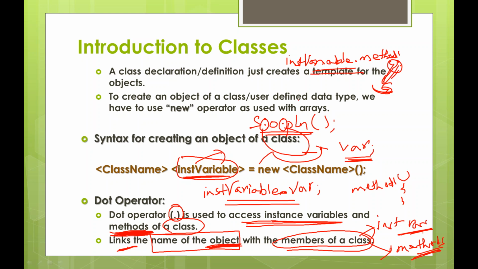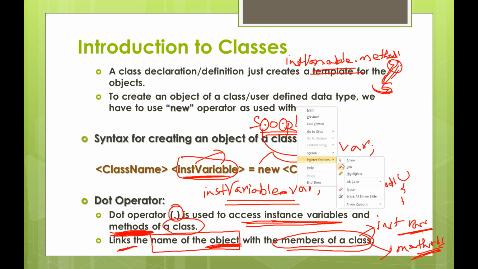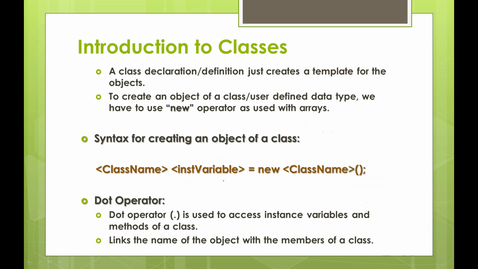So what are we discussing here? We are discussing how to use the dot operator to access members of a class. That also depends on the access specifiers that we assign to each member, that is instance variables or methods, which we will see later. So the dot operator is used to access instance variables and methods.